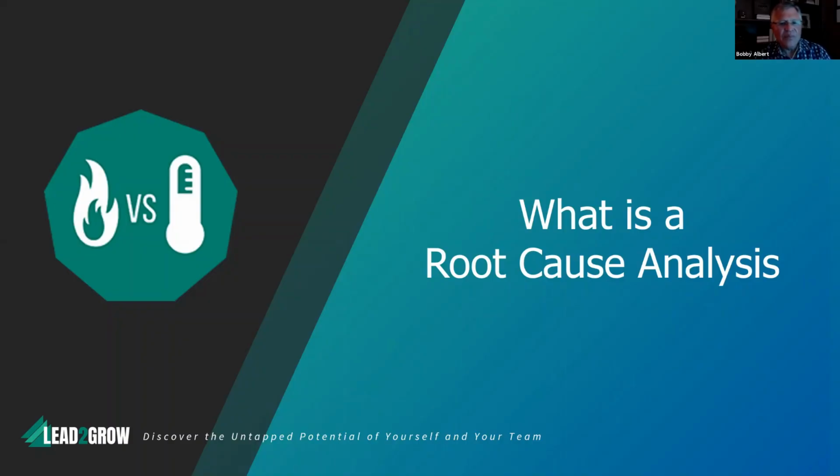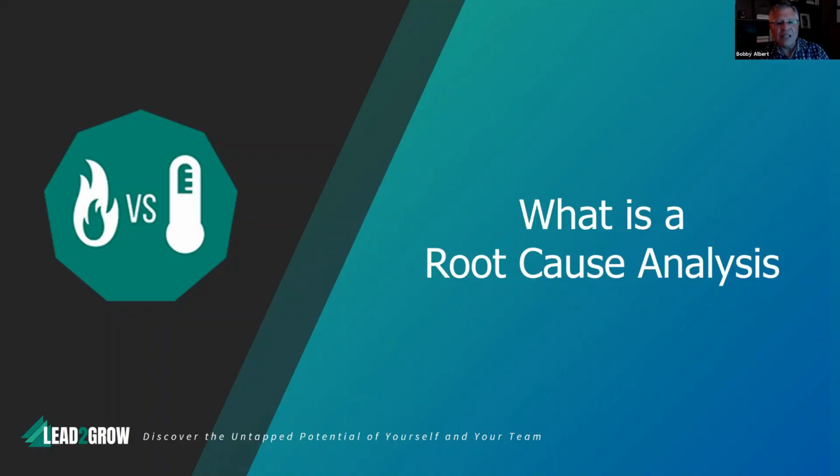For example, if employees in the workplace have low morale, it is a sign of a problem. Low morale doesn't happen by itself, and it can't be resolved by itself. If you were the leader, you may ask, why do my employees have low morale?